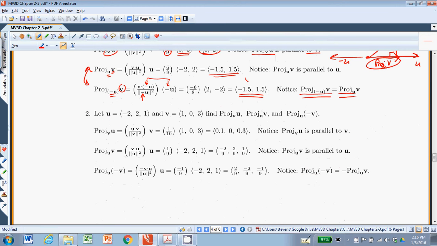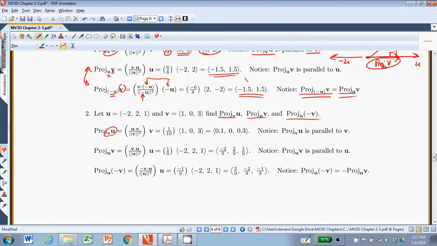So now if we go into 3 space, 2 vectors from 3 space, I'm going to find the projection of u onto v, v onto u, and then the projection of negative v onto u. And the formula is the same. There's just one extra multiplication and addition whenever I'm doing the dot product and magnitudes. So first I'll do the projection of u onto v.